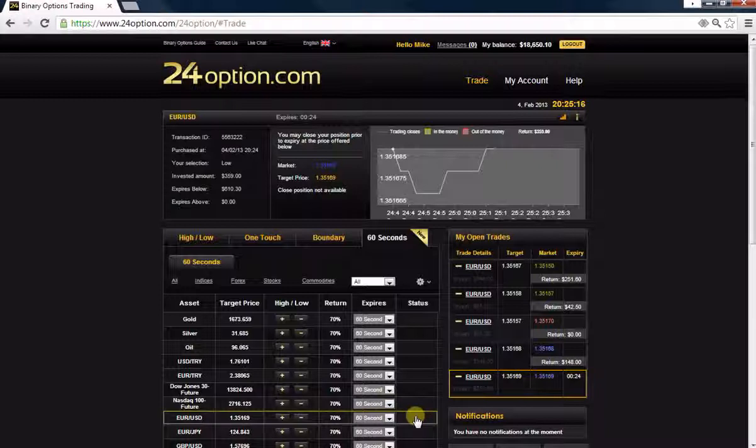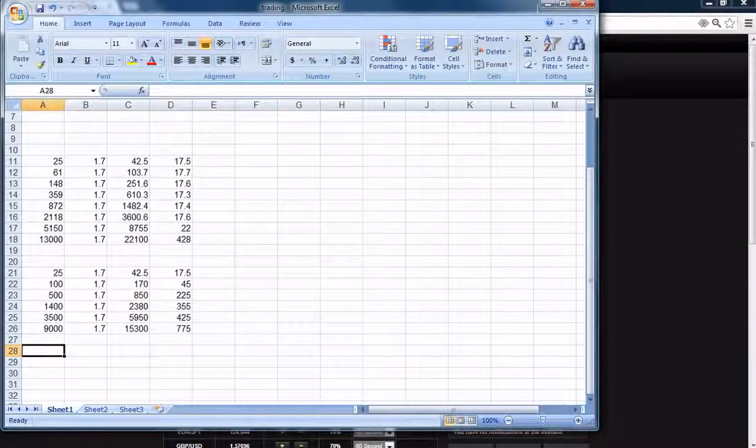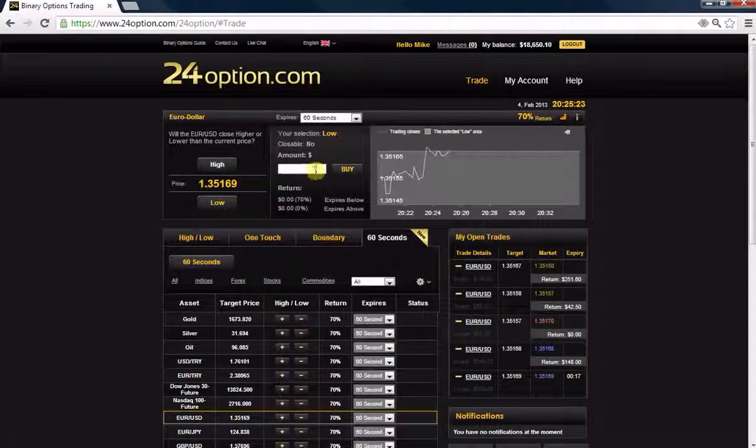Okay, we're going to hit Euro US dollar. Go with low. Our next trade is going to be $872 if we lose this trade. Okay, we're going to wait to see what the outcome of this trade was.